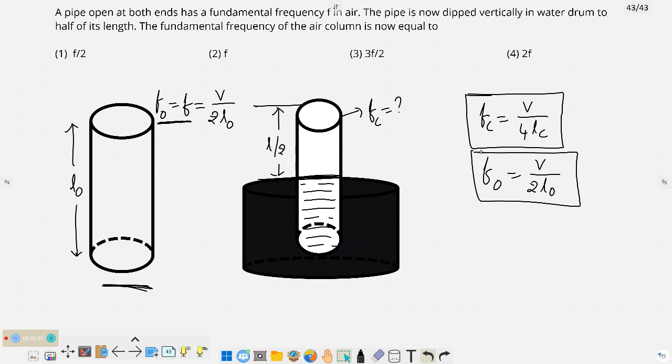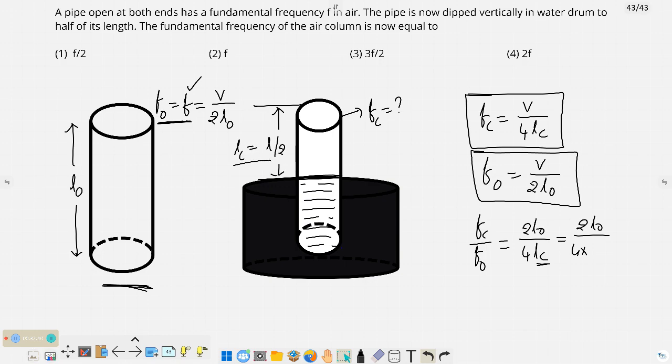So they're asking for the frequency of the closed pipe in terms of F. The initial fundamental frequency is F naught. Dividing both equations, Fc by F naught is equal to 2 L naught by 4 LC. What is the closed pipe length? LC is equal to L by 2, half of the original length.